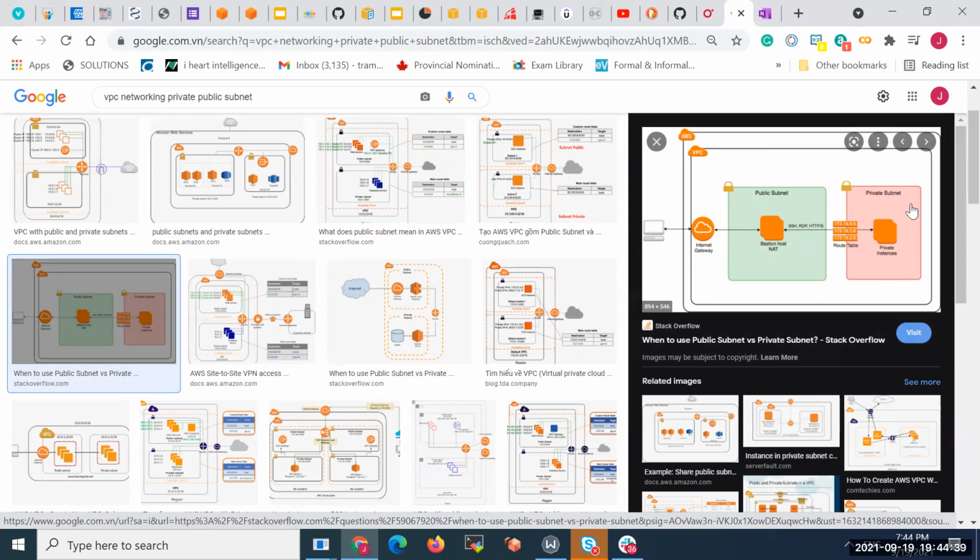In here, you can see that in your private subnet, you can have an EC2, which is an instance. You can have your database, and by the way, your database should be sitting in your private subnet. It should never reach your public subnet. And in here, it could contain all of your services that you don't want to expose directly to the internet.